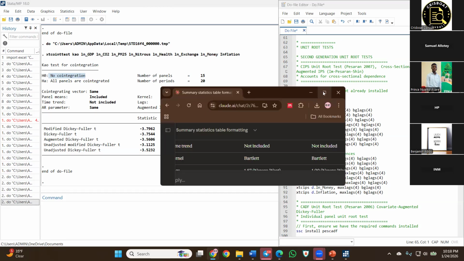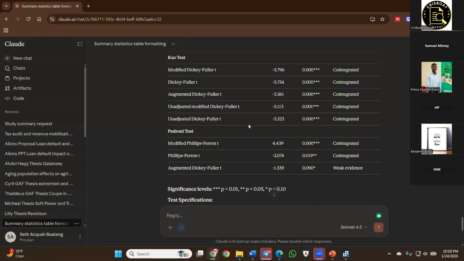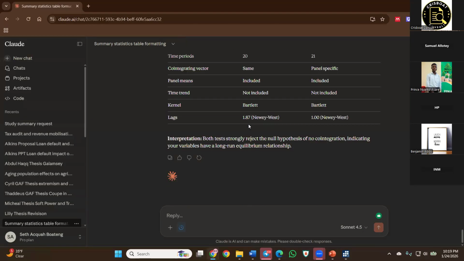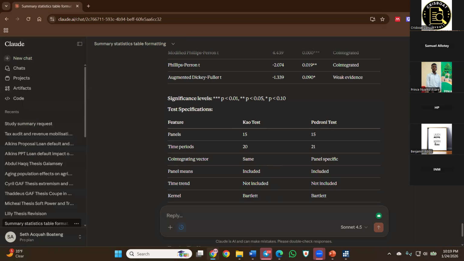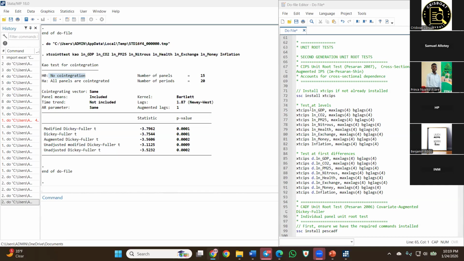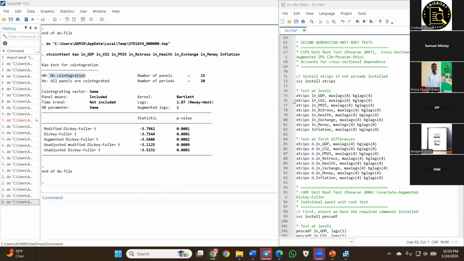Okay. I'm trying to open the AI where we left off the last time. So let's run the second generation at levels. The model I'm using is the SIPS at max lags 4 and then the BG lags 4.